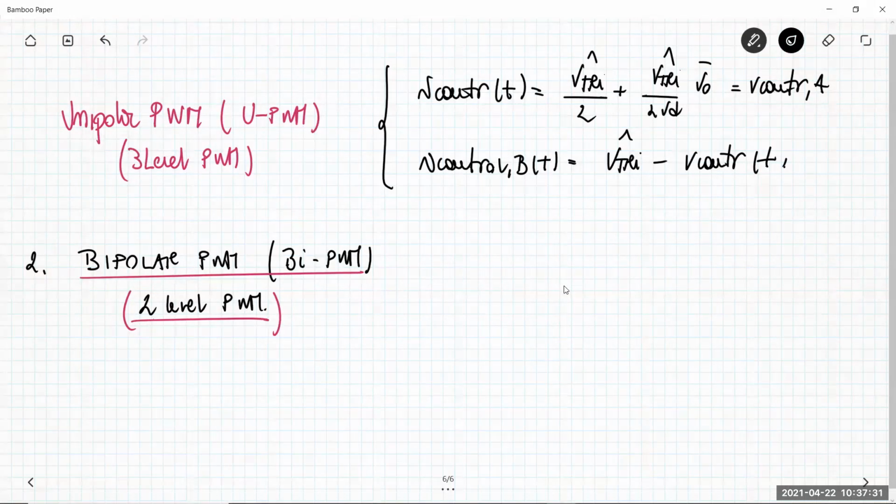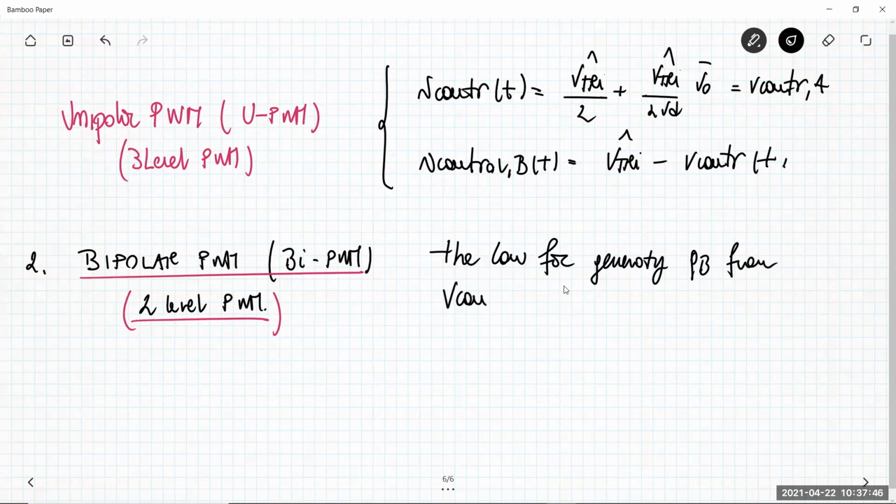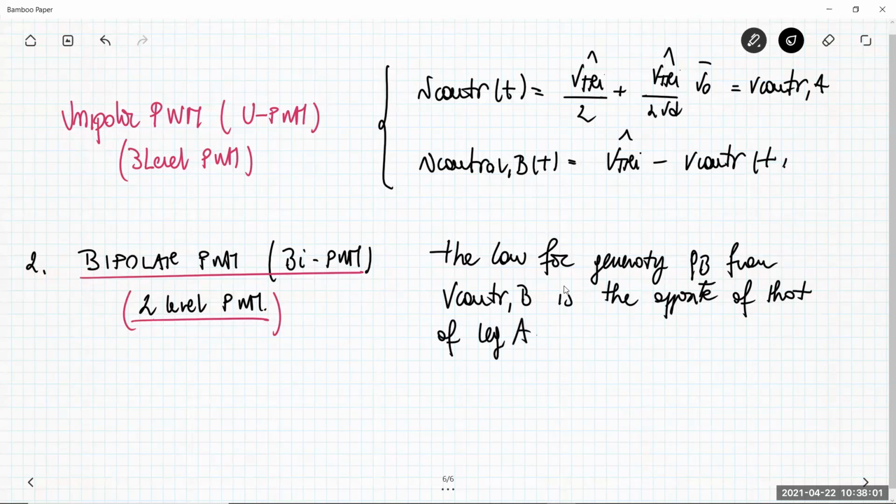In this case, the law for generating QB from a control voltage is the opposite of that of leg A.